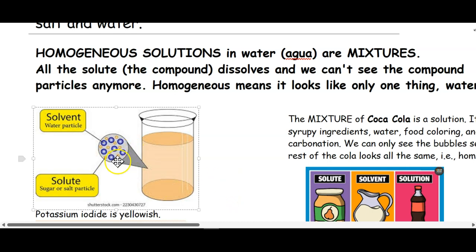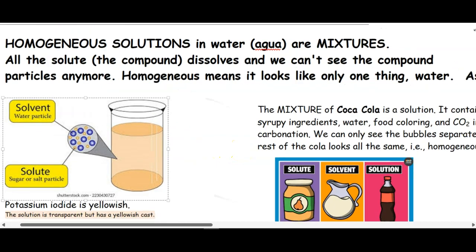All right, but what you see is that there are all these things that we can't see in the water, and the reason we can't see them is there are no clumps of them anymore, no crystals. They have all been separated into individuals. That's the reason we can't see them, because an individual particle is ridiculously small, right?